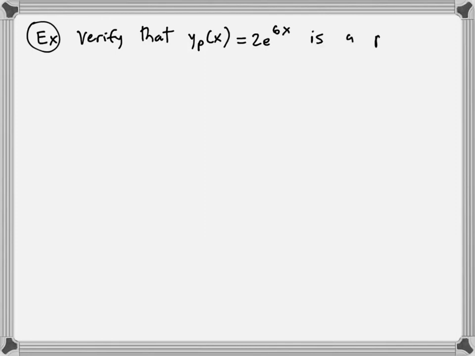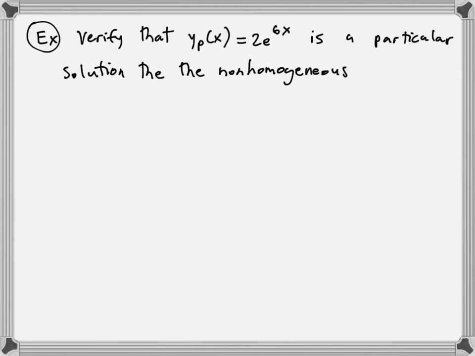We're going to verify that this is a particular solution to the non-homogeneous equation y double prime minus 2y prime minus 15y is equal to 18e to the 6x.